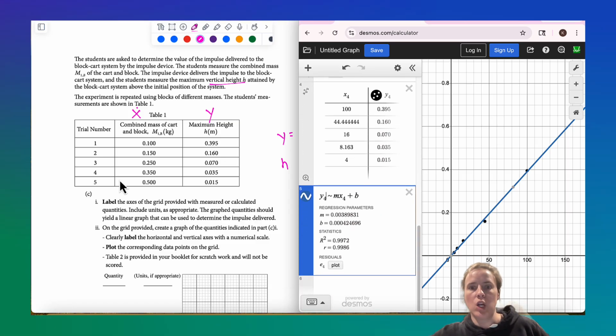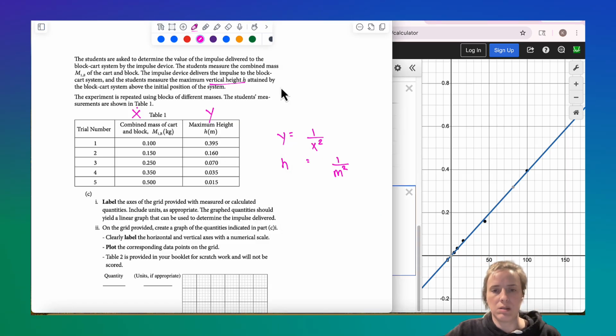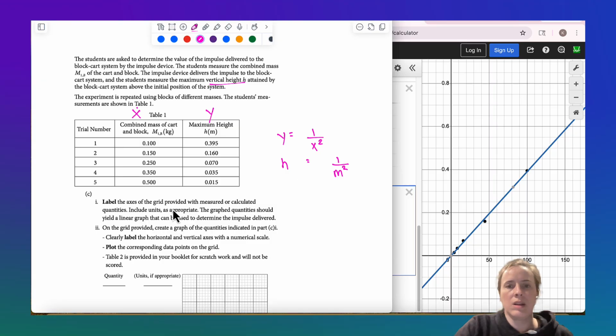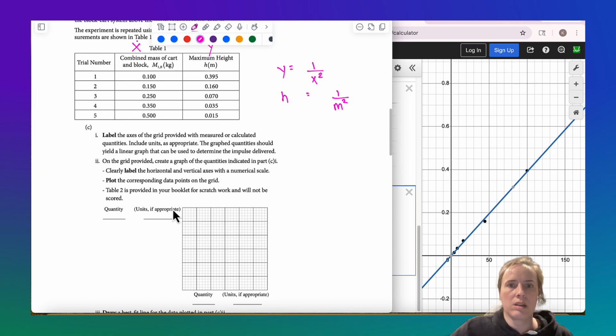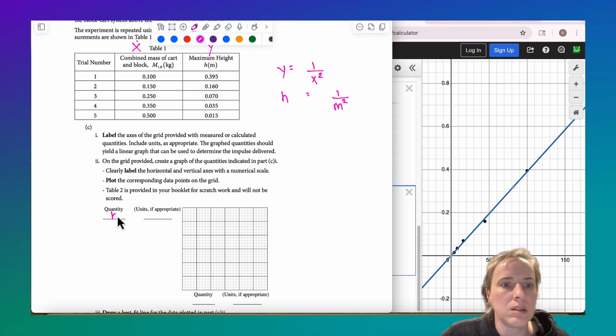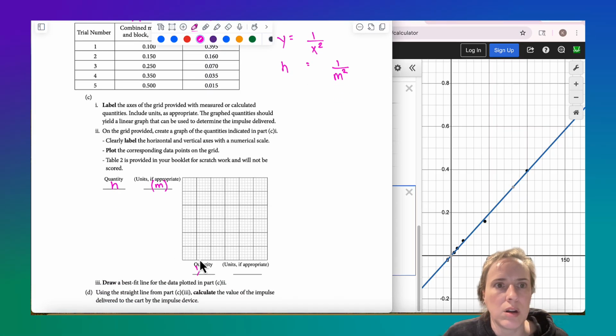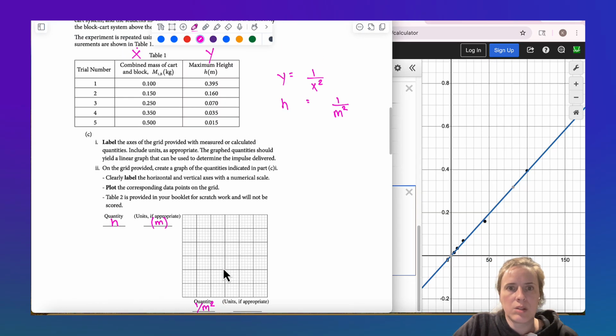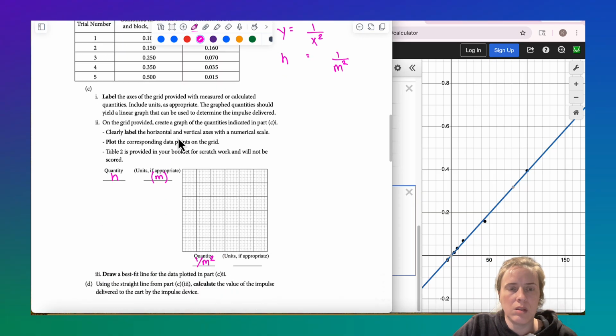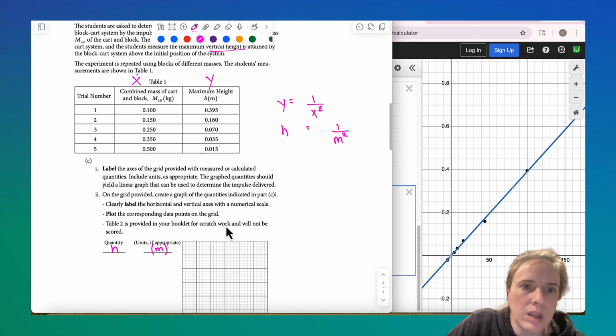Okay. So that means I'm going to get height versus 1 over mass squared. On my y-axis, we ended up putting the height, which was measured in meters. On my x-axis, I'm going to put 1 over the mass squared. Since mass was measured in kilograms, actually here, what did we say?